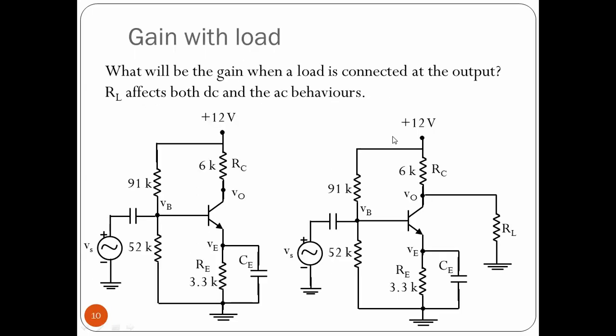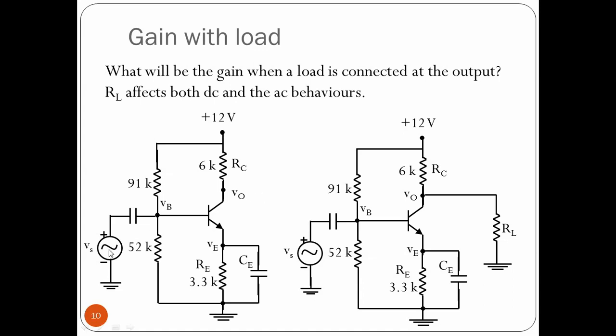Now let's ask the second question of today's lecture, which is: what happens when we connect a load to this amplifier? One must remember that the whole purpose of an amplifier is to amplify a signal, and then the amplified signal will be used to do something else. The simplest example is an audio signal.